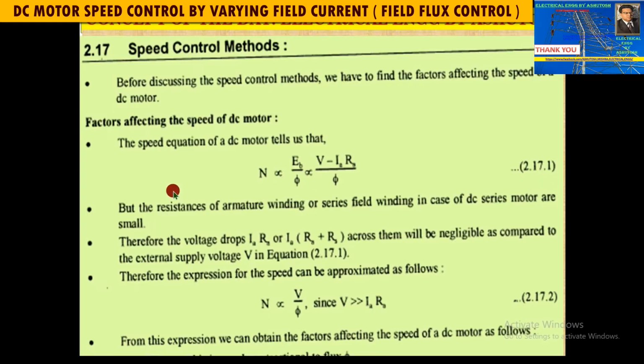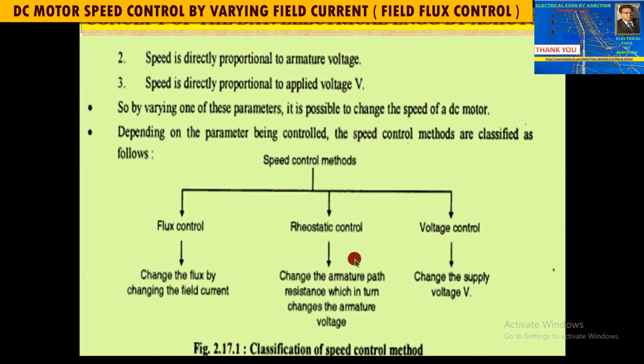Now, there are basically three methods of speed control. First is rheostatic control, where we change the armature path resistance, which in turn changes the armature voltage, and we have seen this rheostatic control simulation. The second method is flux control.